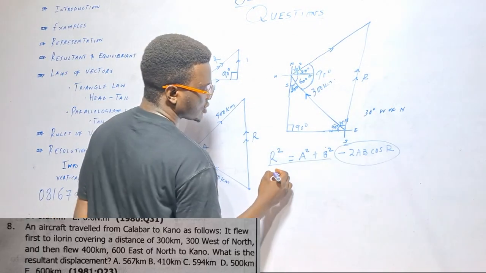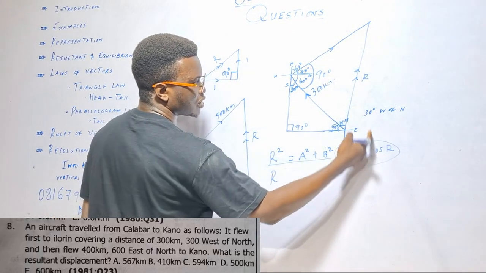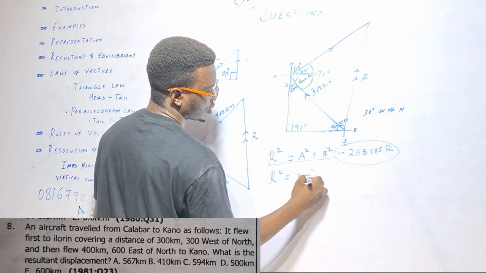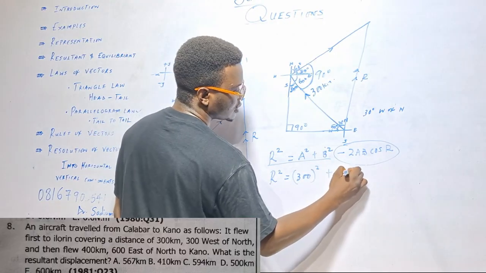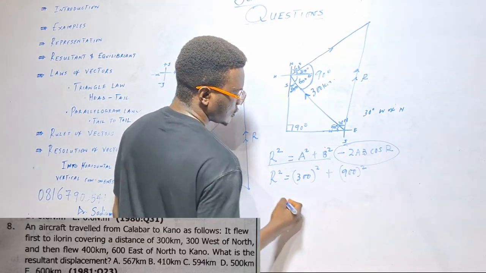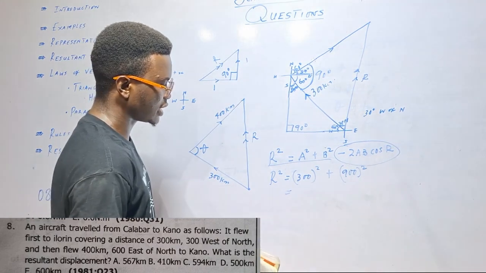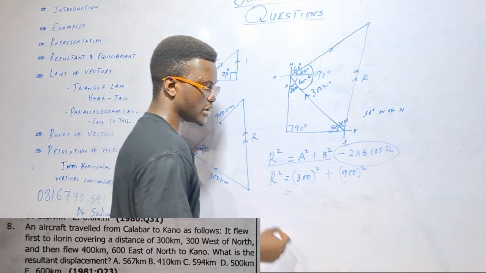So how do we get that magnitude now? Using our Pythagoras theorem. So this would have been 0 because cos 90 is 0. So that's going to be R squared equals 300 all squared plus 900 all squared. So 3 raised to power 2, I think that's 9. So this should give us 900.